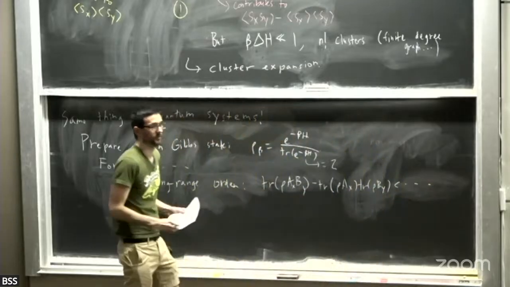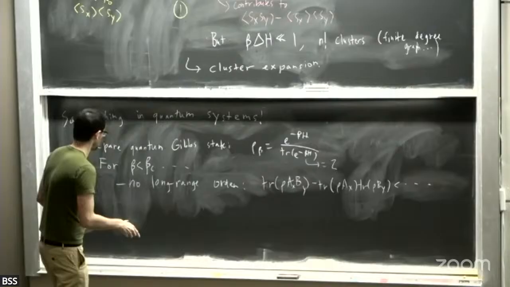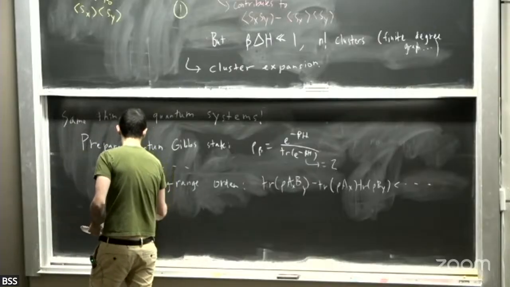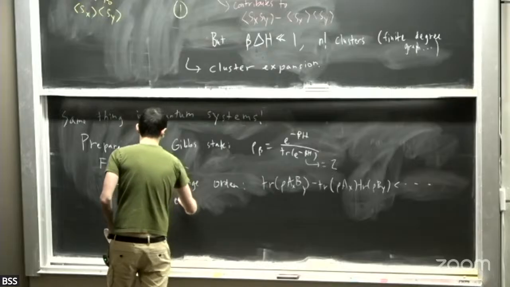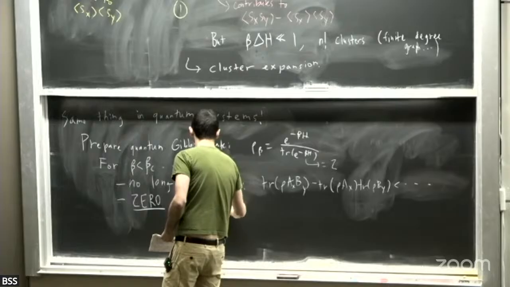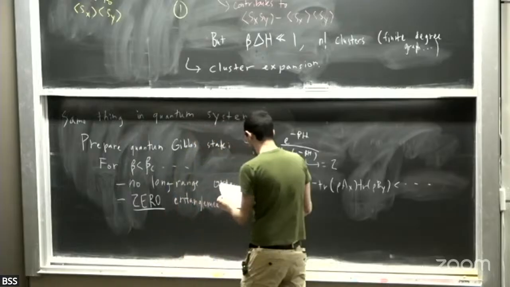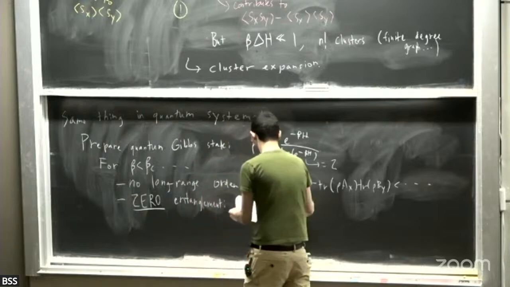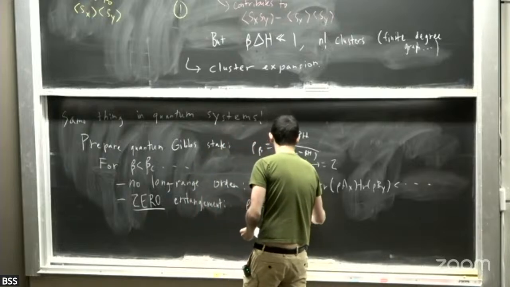So that's also true. But there's also something interesting, which was a huge surprise, at least to me. There is zero entanglement in the following sense. The density matrix can be written as a sum over product states.